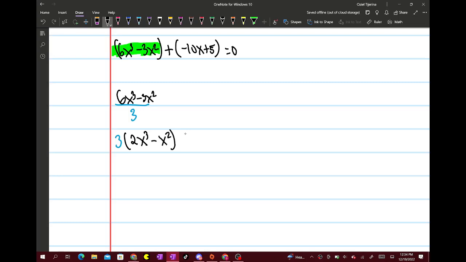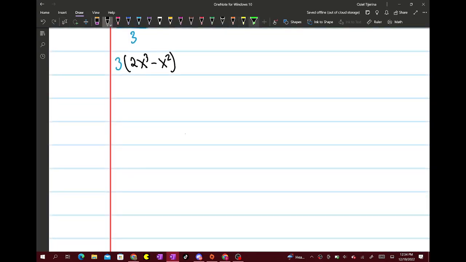And lastly, we can factor out an x squared from here, because that's the greatest common factor. So if we grab this, we have a 3, right?